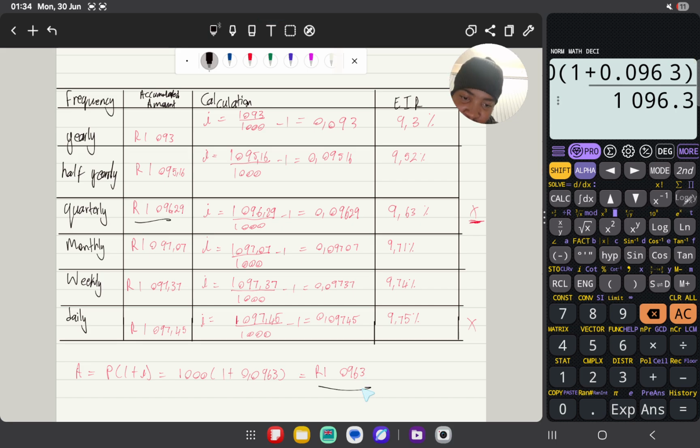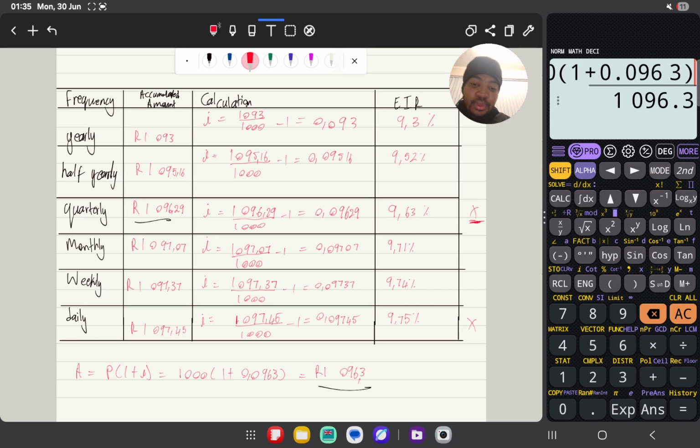I think I'm missing something. Yes, I am missing something. You see here, there's a 0.3 which I didn't put. Here we have 1096.3. This one is 0.29, which if you round it to one decimal place, becomes 0.3. Do you see it?